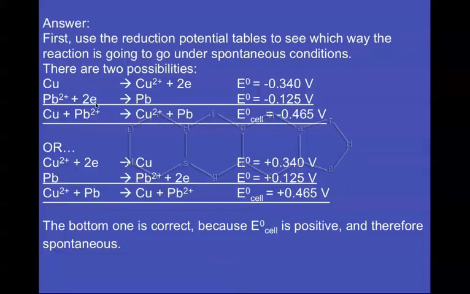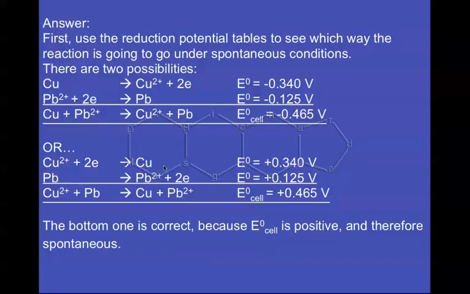The lead 2+ is still being reduced, and when we total these up, we get a negative E0 cell. What that tells us is if we run the reaction this way with the copper being oxidized and the lead 2+ being reduced, that will be a non-spontaneous process because we're getting a negative value of E0 cell.